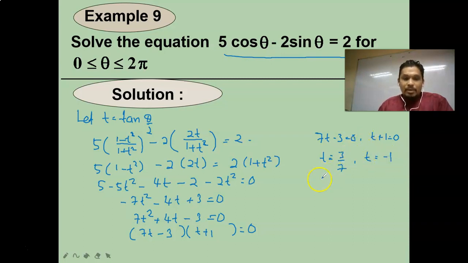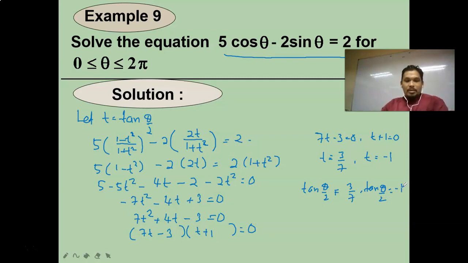Okay, so from here t equals tangent theta over 2 equals 3 over 7 and tangent theta over 2 equals negative 1.